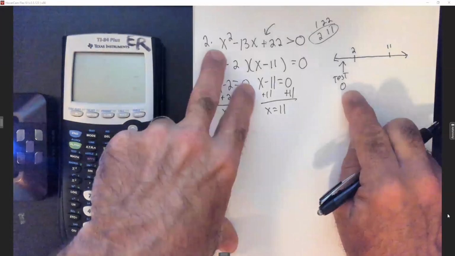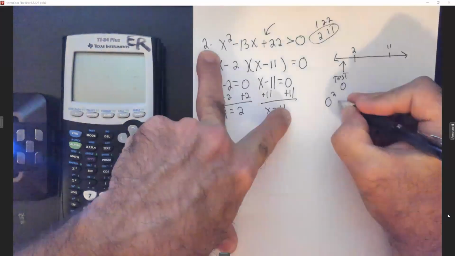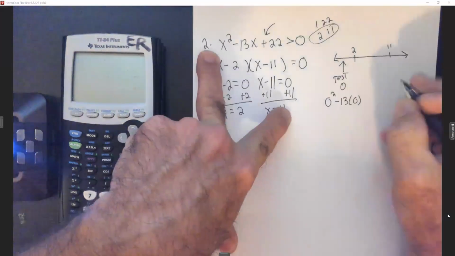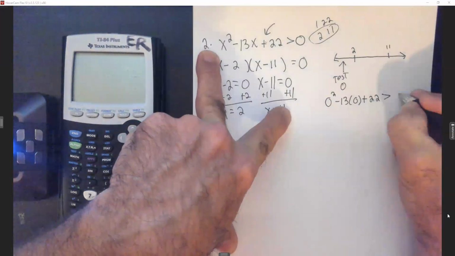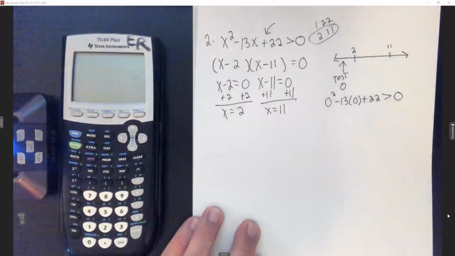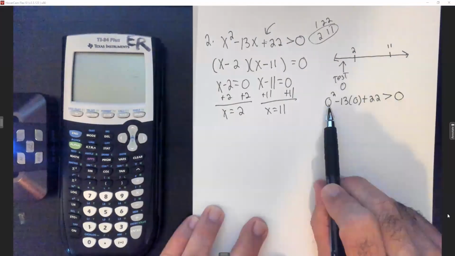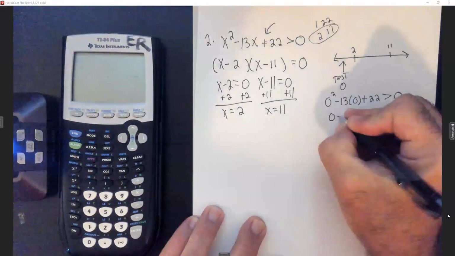So let's put a 0 in here. I'll have 0 squared minus 13 times 0 plus 22 has to be greater than 0. So y'all watch this. 0 squared is 0. Minus 13 times 0 is 0.